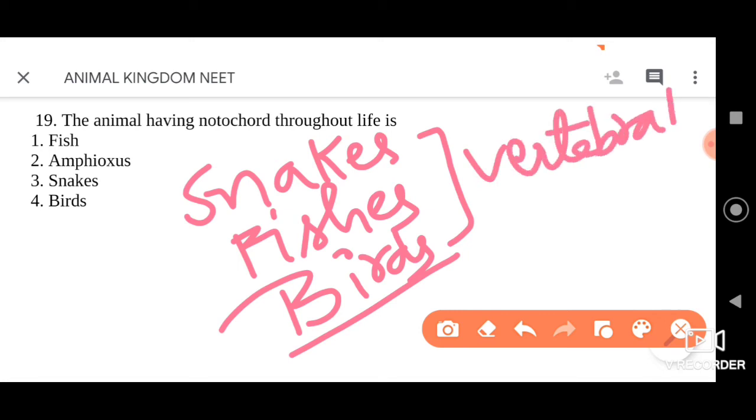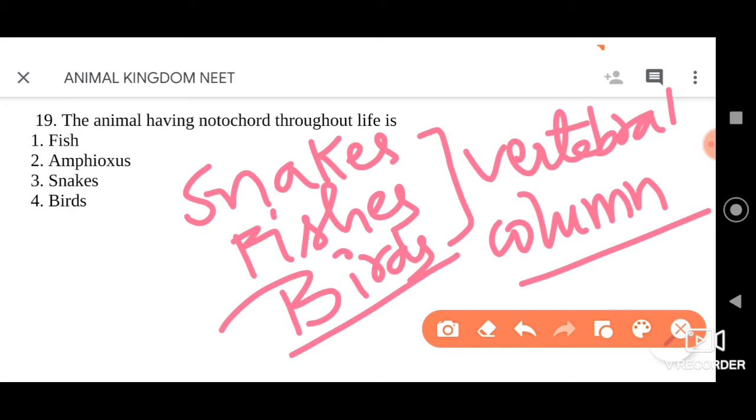It is not present throughout life, because in these chordates, that is snakes, fishes and birds, the notochord is replaced by the vertebral column. So that's why we are not selecting those 3 options. In case of Amphioxus, it is present throughout life. So please go for option 2, that is Amphioxus.